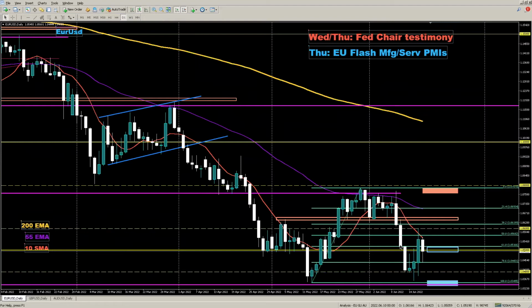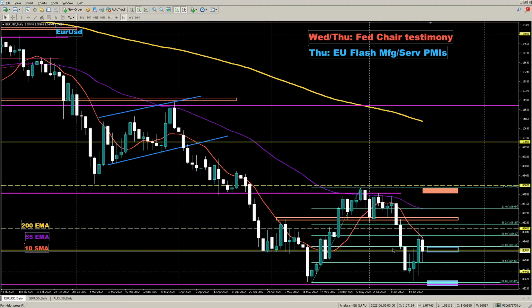After the higher than expected US CPI figure the previous Friday, the start of the week was weak as well for the Euro.